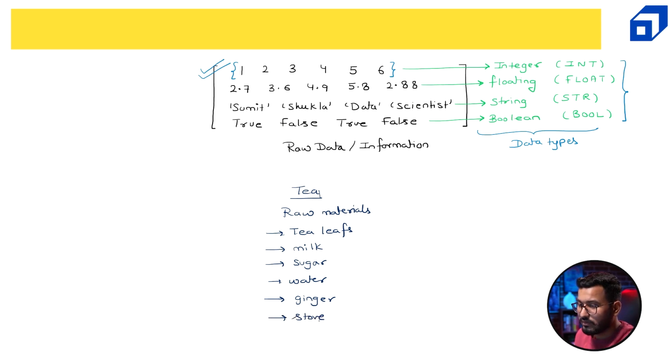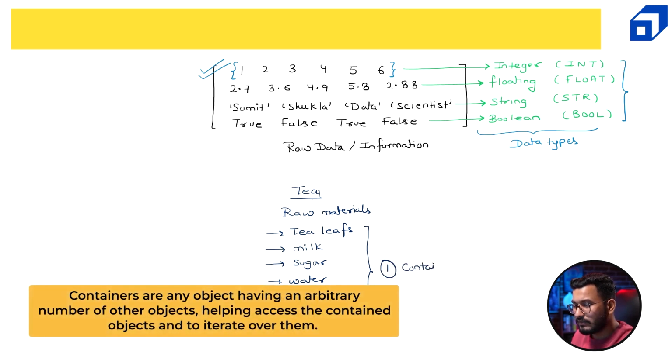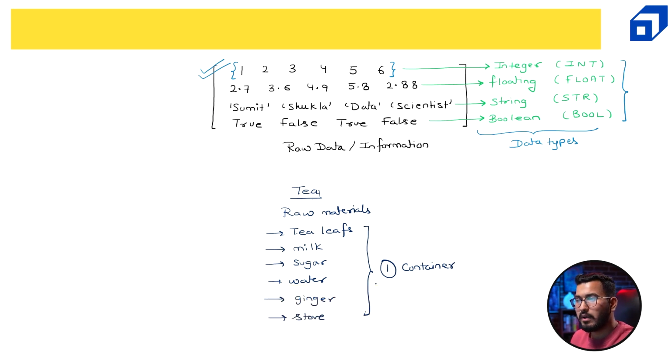But the very important component that we need before we can even process this raw material is the container. So the very first thing that we need is the container. And that is where the necessity comes when you have to process this raw data.